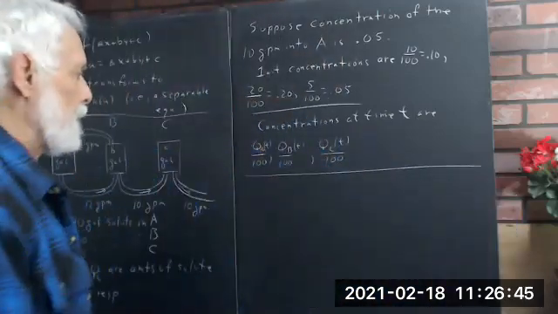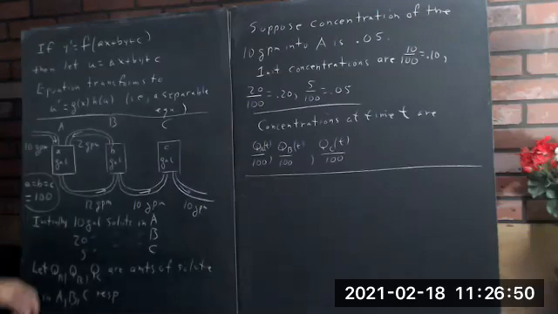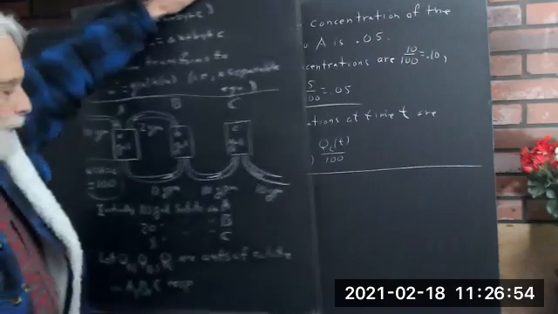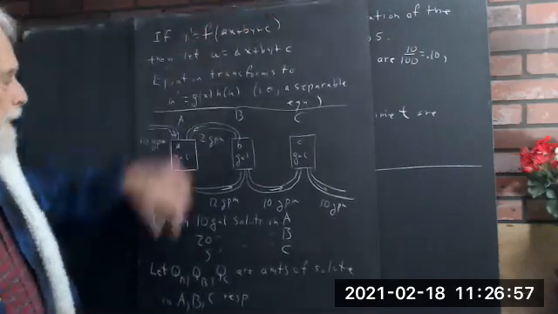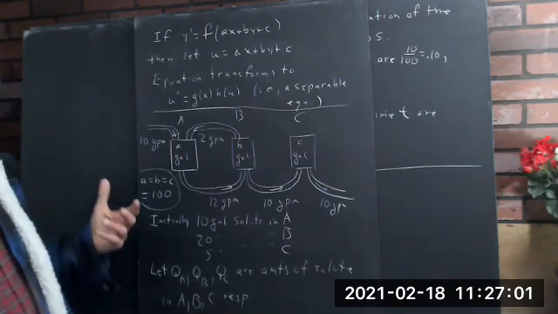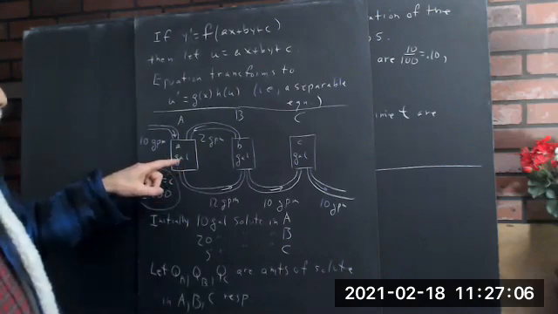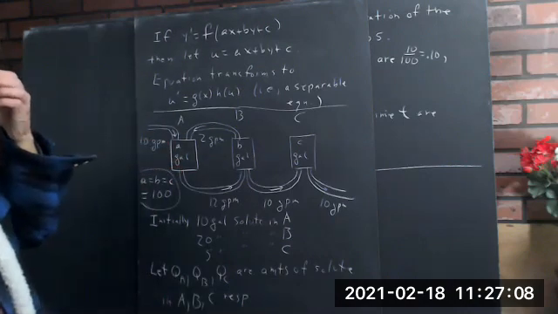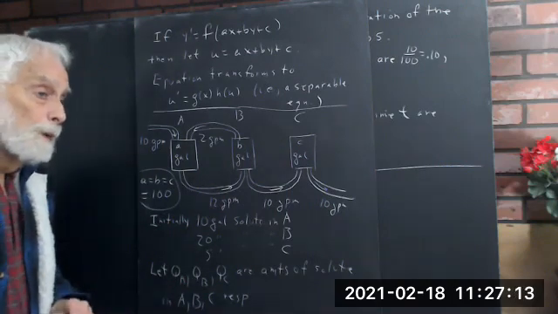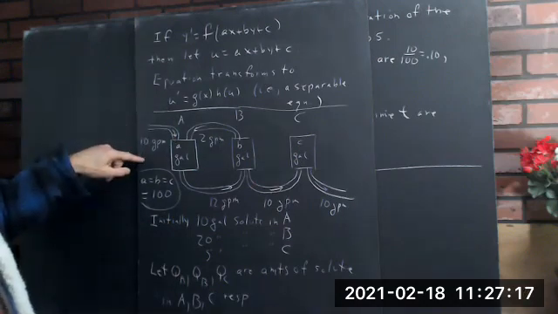Now, big question, first question. Let's move this board over a little bit so we can see it. At any time t, we want to write a differential equation that tells us the rate at which the concentration is changing in tank A. Well, we know the rate at which solute is coming in here.